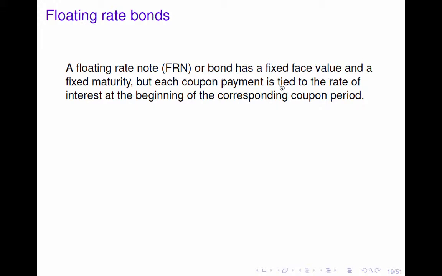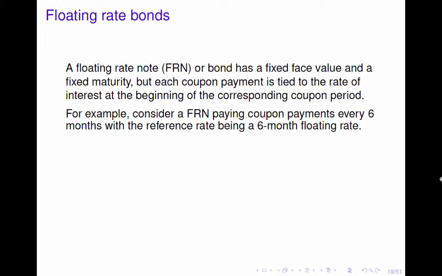Like the fixed rate bond, a floating rate note or bond has a fixed face value and a fixed maturity, but each coupon payment is tied to the rate of interest at the beginning of the corresponding coupon period. For example, consider a note paying coupon payments every 6 months, with the reference rate being a 6-month floating rate.